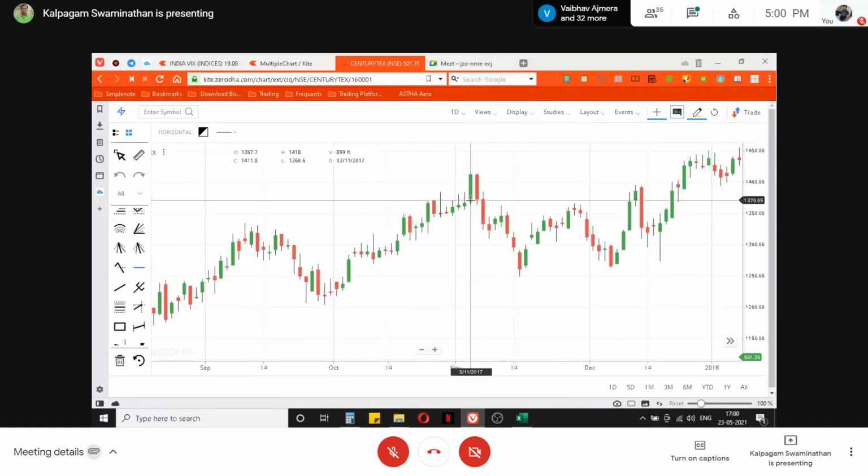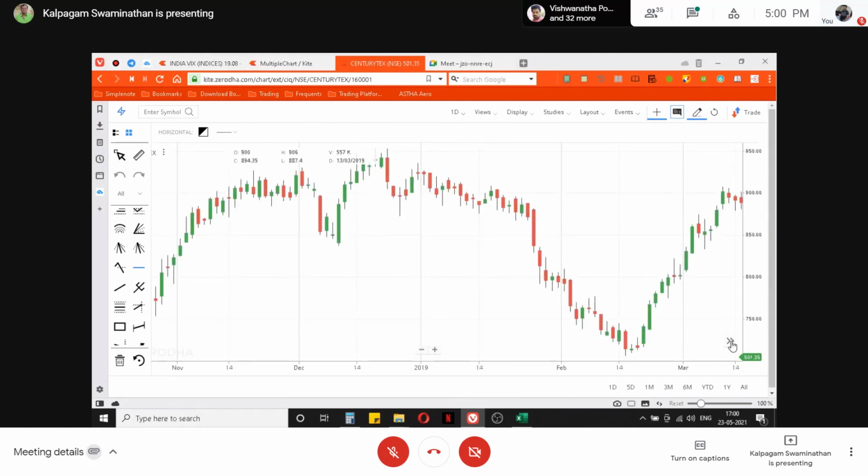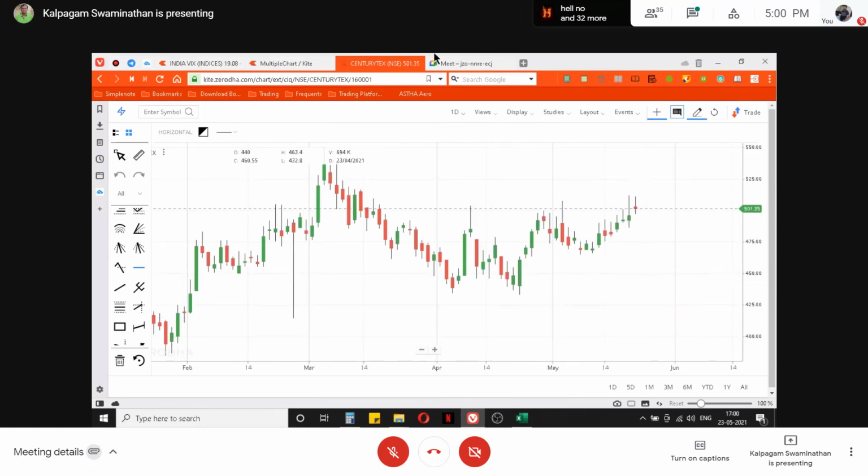Those days the price was also very high, 50-60 rupees movement in a day, and Zerodha was giving me like 28 times margin. So I was able to trade these stocks.